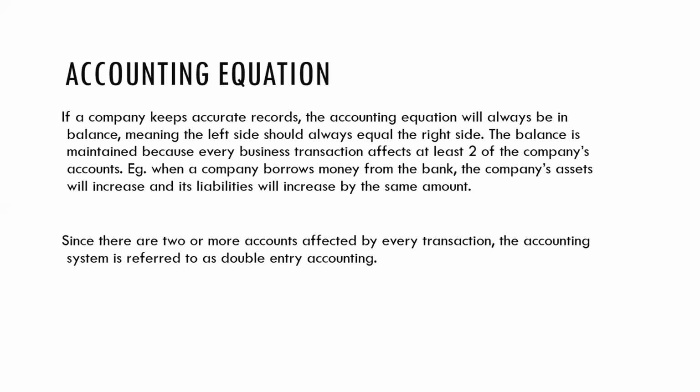The balance is maintained because every business transaction affects at least two of the company's accounts. So for example, when a business borrows money from the bank, the company's assets will increase and its liabilities will increase by the same amount. So if a company had to borrow 100,000 Rand from a bank, think of what would happen. Your bank account is going to increase because 100,000 Rand is coming into your bank account.